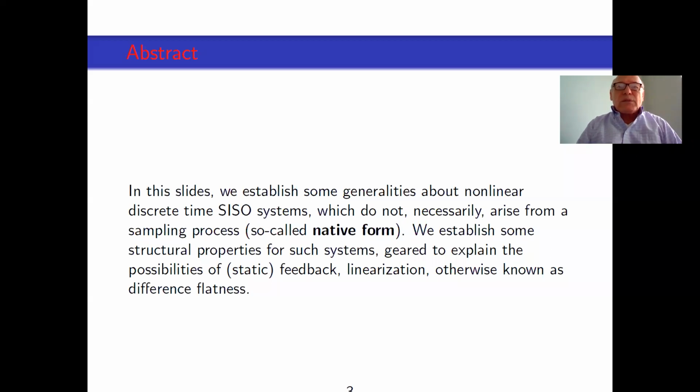This kind of system is natural in many technological areas and also in some social areas. So in a sense, what we want to do is to make available the tools of active disturbance rejection control and also the tools of difference flatness to that class of systems.